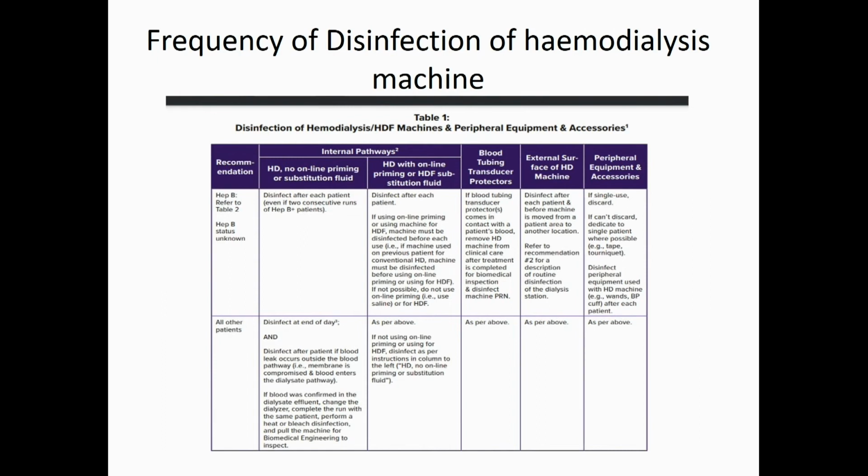He said if you start giving internal hydraulics disinfection at the end of every day, then your endotoxin filter will get finished very soon. So every time there is an internal disinfection, there is a clock which goes backwards from 12, and when it reaches 1 or 0, it will give an alarm that you need to change the endotoxin filter. So he said even if you do it once in 15 days, it's okay. And that's the recommendation that we are following as per the advice from the Fresenius engineer.